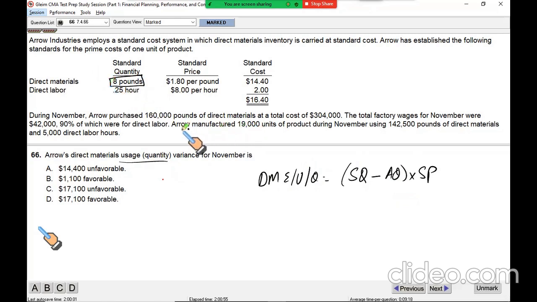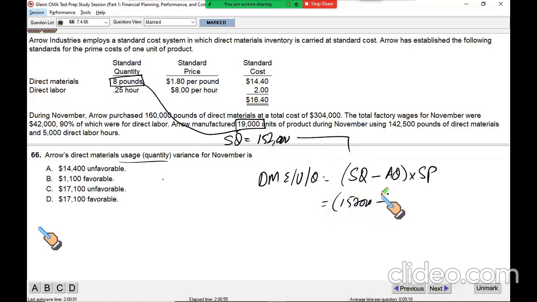How many units did we produce? Arrow manufactured 19,000 units. If 19,000 units are produced and each unit should use 8 pounds, then as per the standard, our standard quantity allowed is 19,000 times 8, that is 152,000 pounds.